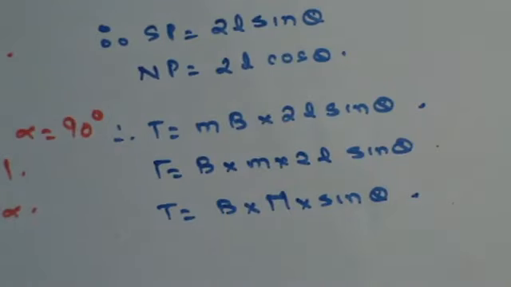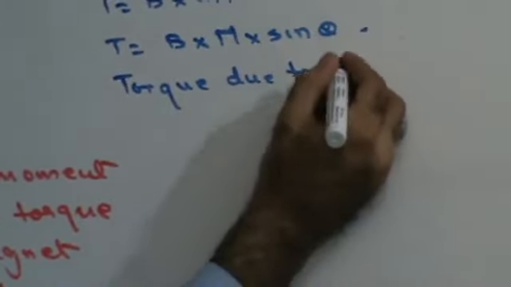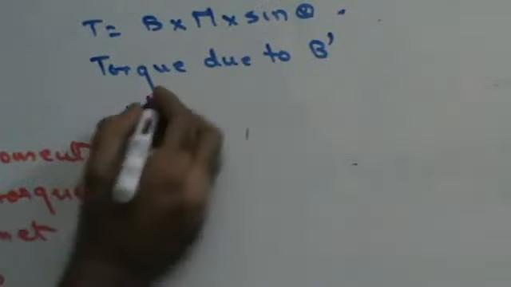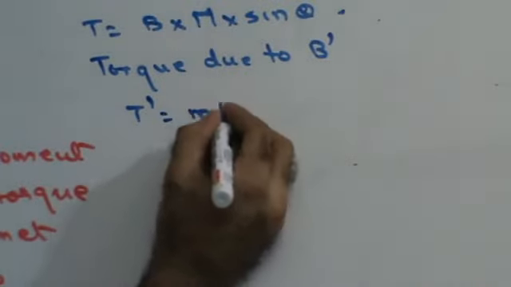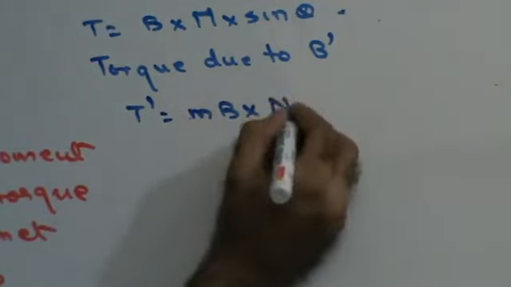Similarly, the torque due to B bar. Let's call this T bar, which is going to be MB bar into the perpendicular distance between them. The perpendicular distance between the two MB bar forces, from the diagram, is nothing but NP.